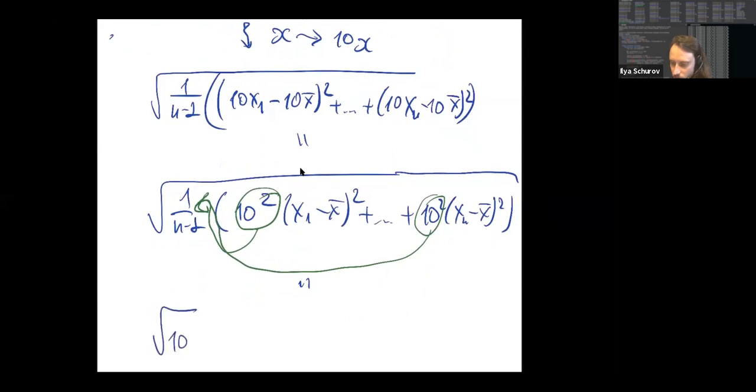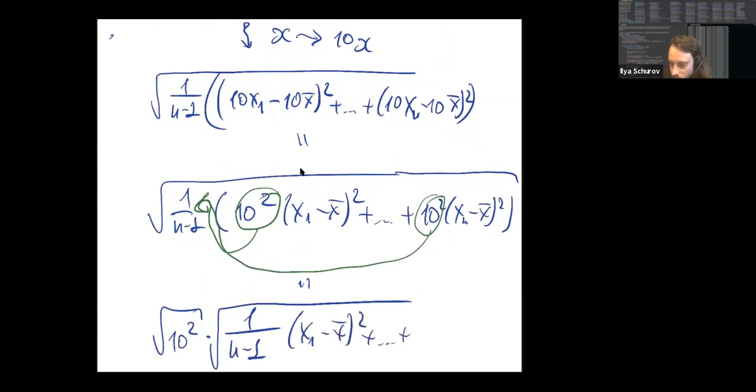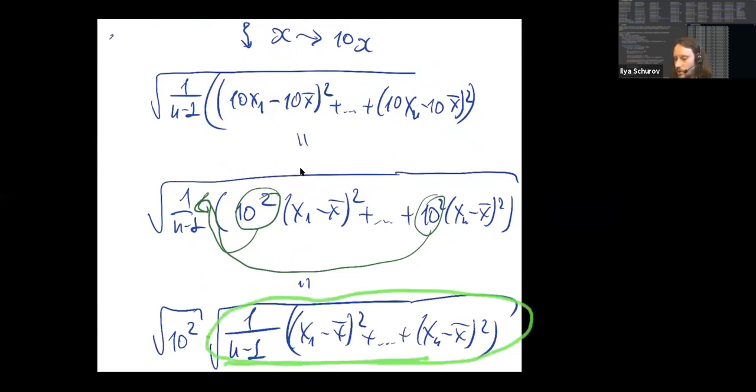This is square root of 10 to the power 2 times this is what we had before. This is just a standard deviation of x, and this value is just 10.